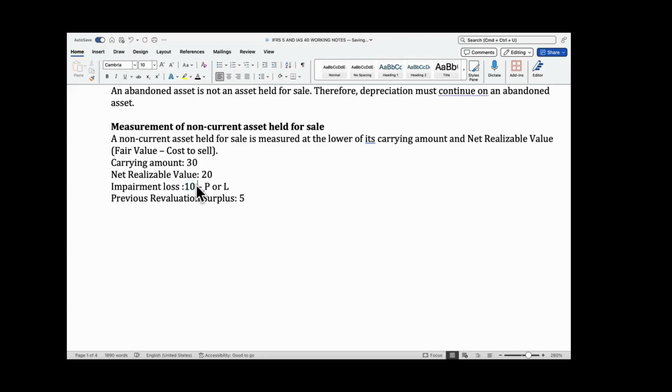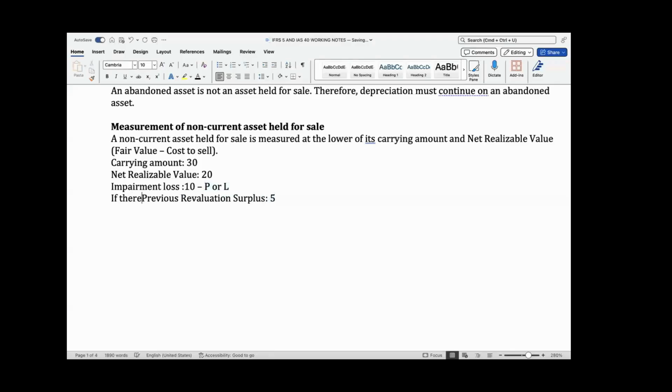You have to first net off the previous surplus in OCI. In such case, you will take 5 to OCI, which is enough to net off this surplus. You take 5 to OCI, and it is the remaining 5 that you can then take to P&L.